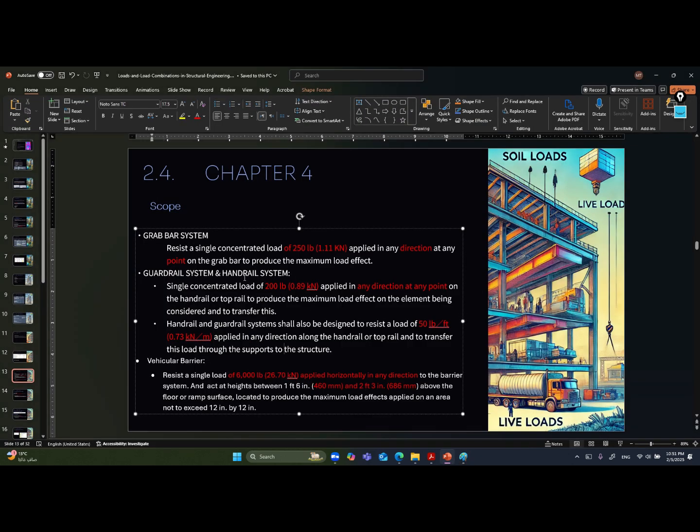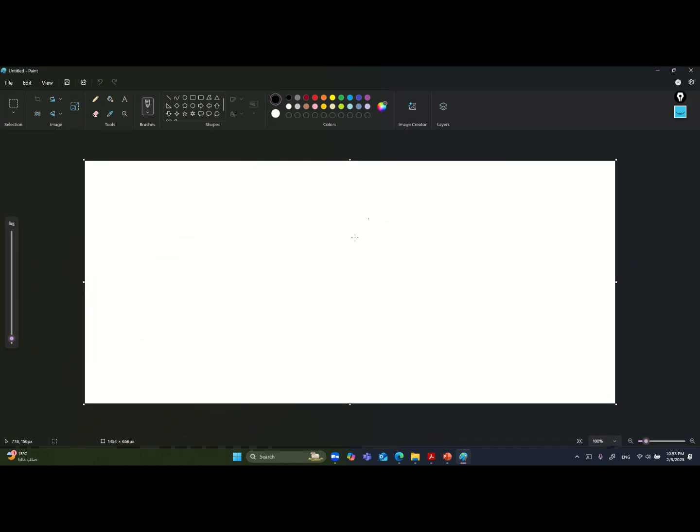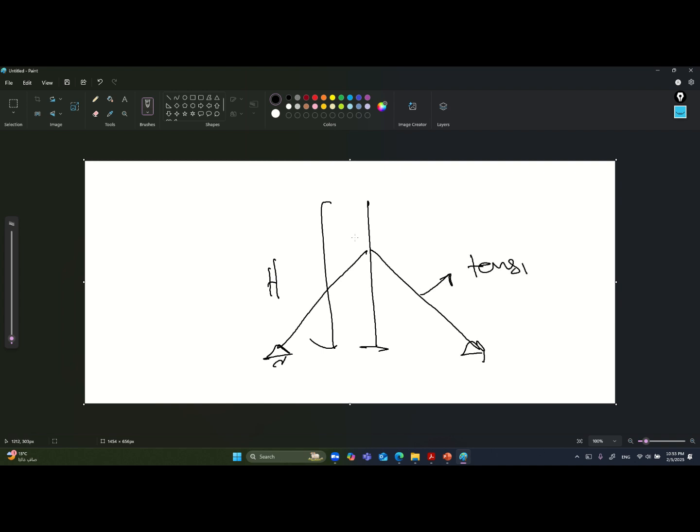Also, one of the tips and tricks that I had in my exam: this one, in any direction. I recall in the exam he gave me a post of height h, connected to ties. This is a tie. Tie means it carries only tension force. This distance is L1, and this one is L2. Let's say this point is A. And we have a handrail force, concentrated, of 0.89 kilonewton.